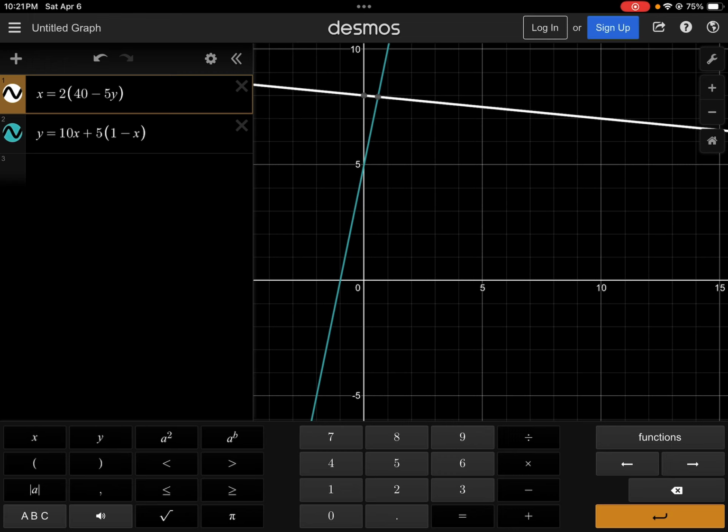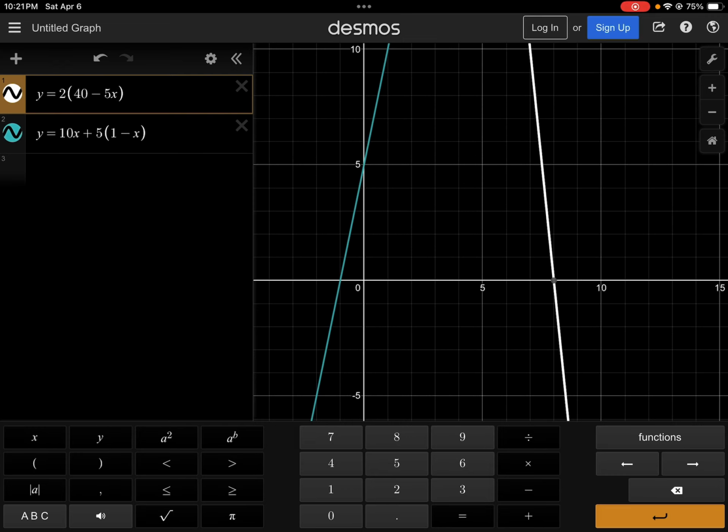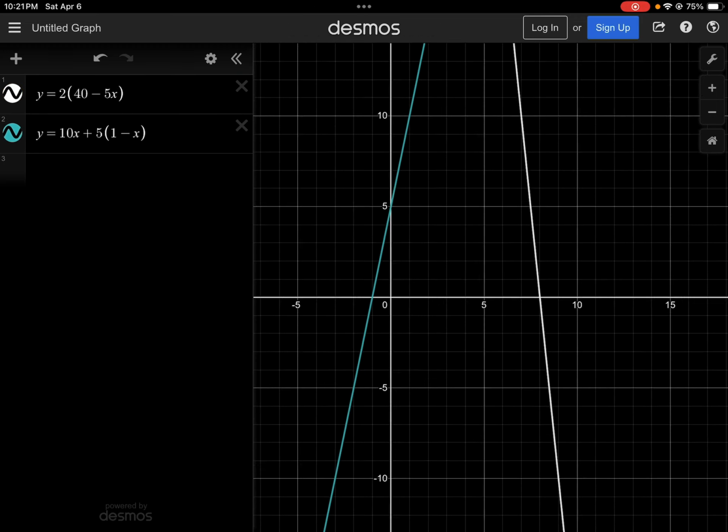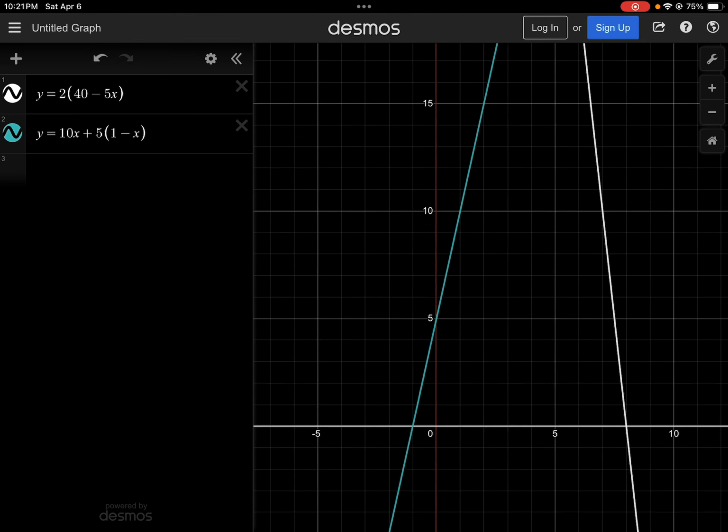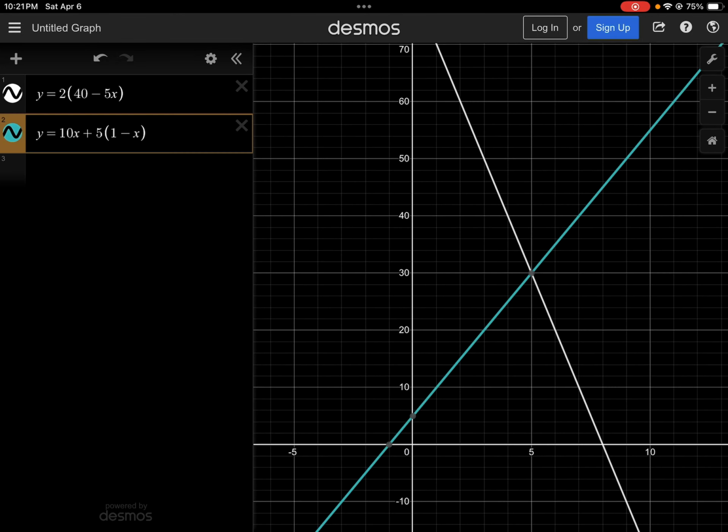So I'm going to do it both ways just to get convinced that we're getting the same answer. So the first way, I'm replacing what they give me as y, I put it as x, and then y equals as usual. Now what is the solution here? Let's change the scale a bit, find the solution. And now which one should I choose? Because I have 5. Well, 5 goes with x, 30 goes with y.